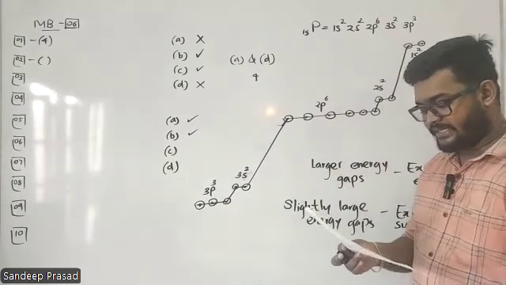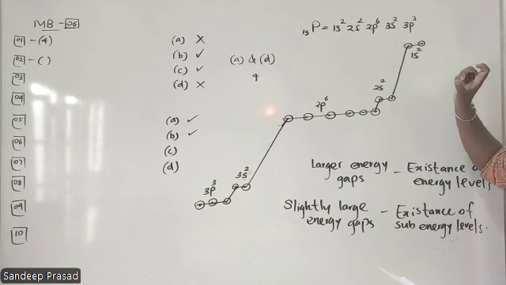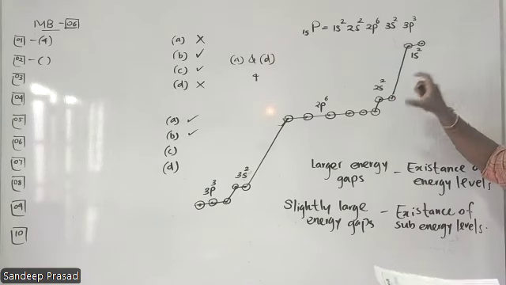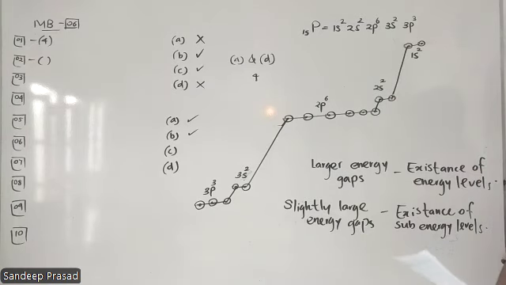There are orbitals containing electrons in sub-energy levels. Students, we don't discuss the orbital existence in the ionization energy graph. We discuss the orbital existence using Pauli's exclusion principle, then Hund's rule. Those are the theoretical concepts we use for orbital existence, right?